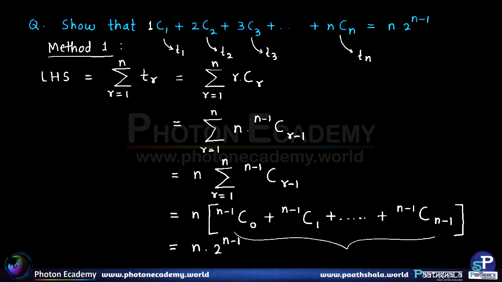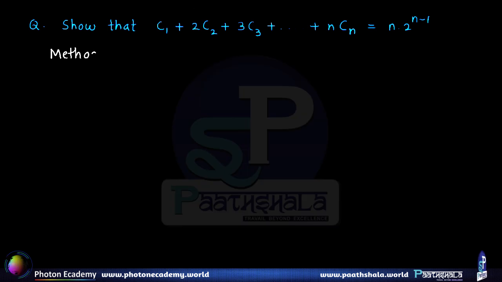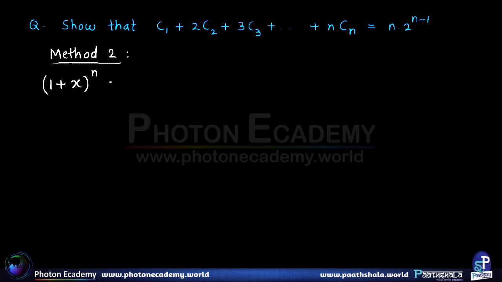Now let us see how we can prove the same thing by a totally different approach, that is using the calculus method. So let's see the second method, method 2. Now here we will use the differentiation process to prove the required statement. So for this, here we will consider a basic series of 1 plus x whole raised to n.